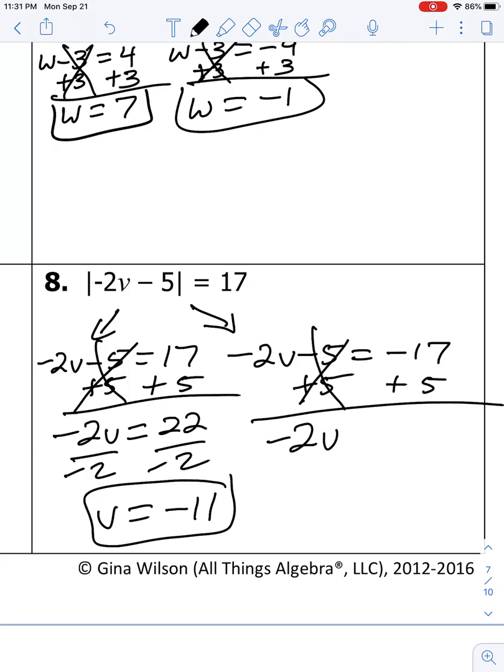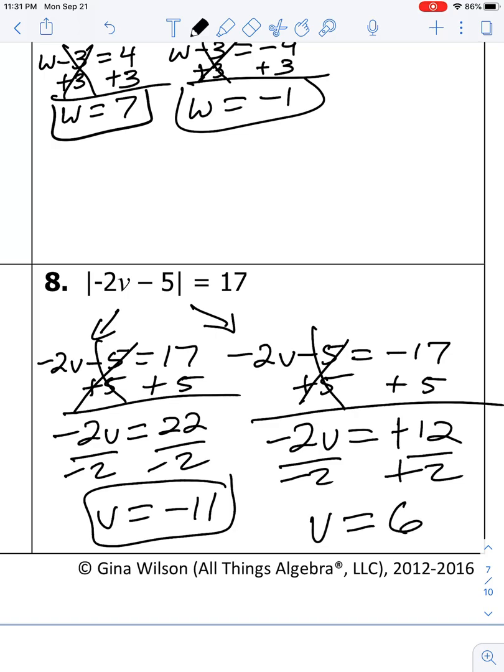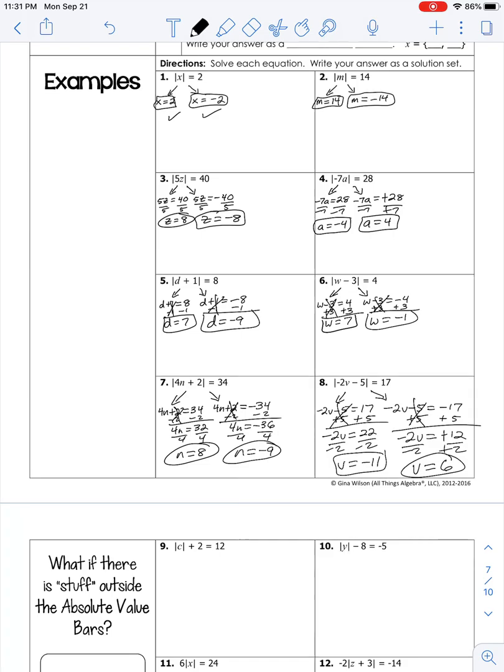And we get negative 2v equals negative 17 plus 5 would be negative 12. Divide by negative 2. Remember, negative over negative is a positive. v equals 6. And there's your first 8 problems at a glance.